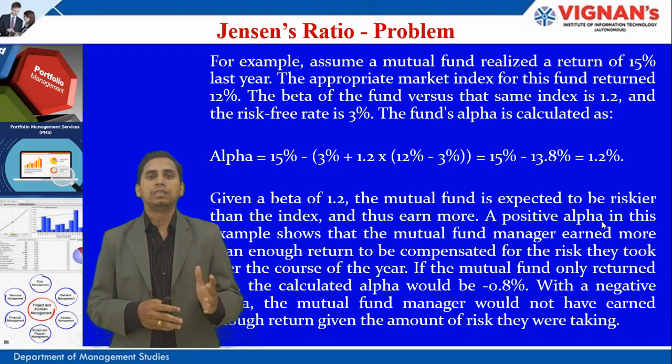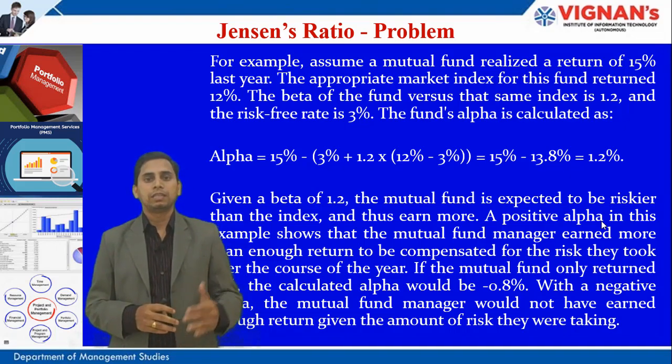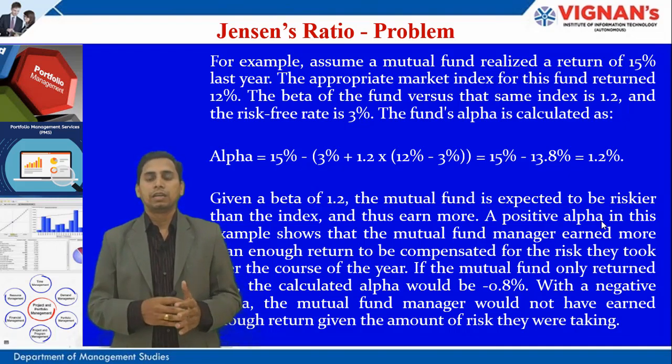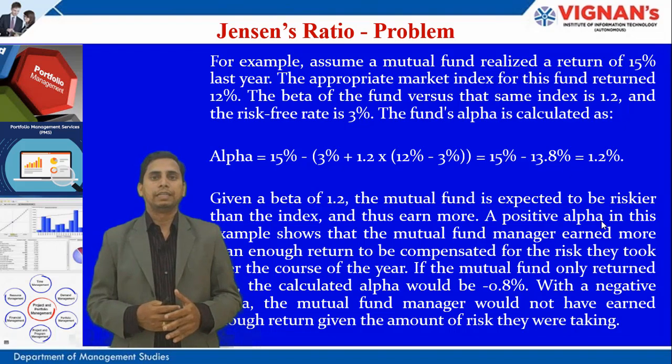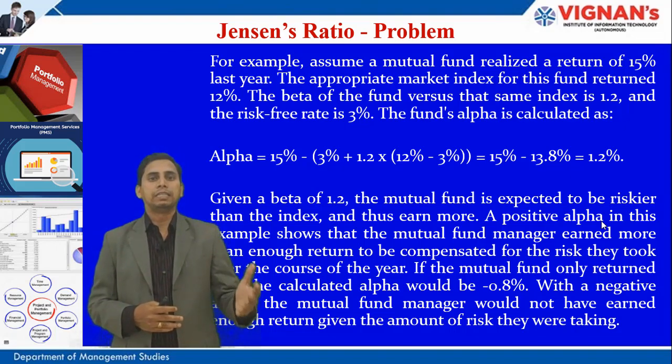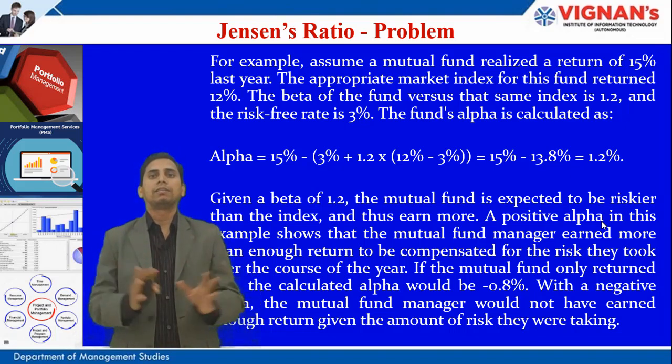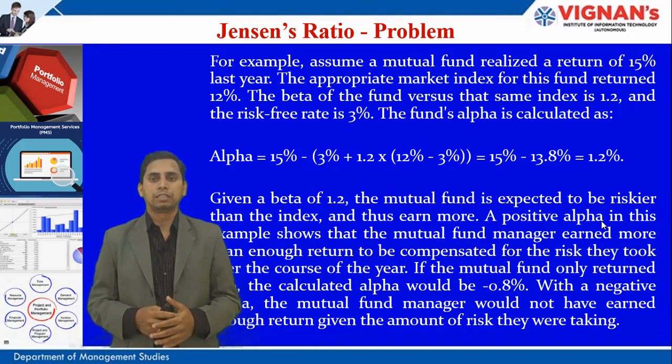That can also be shown in the form of alpha. If we calculate the value of alpha with this mutual fund return of 13%, then you will get minus 0.8% as the alpha value. So even though the mutual fund gives more than the market index, which is 12% in the problem, the overall alpha calculated by this Jensen ratio is only minus 0.8%.